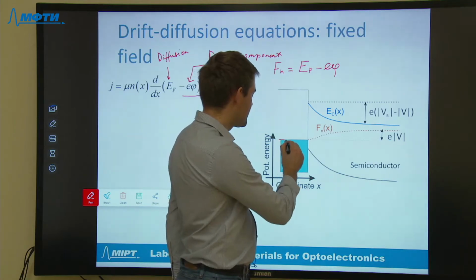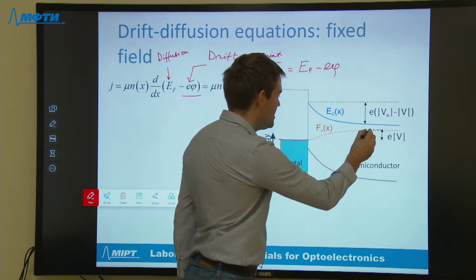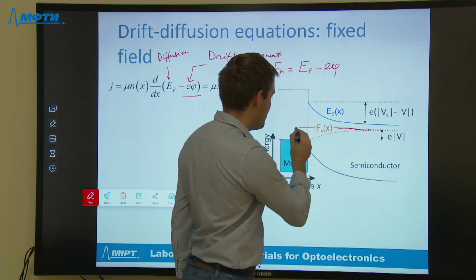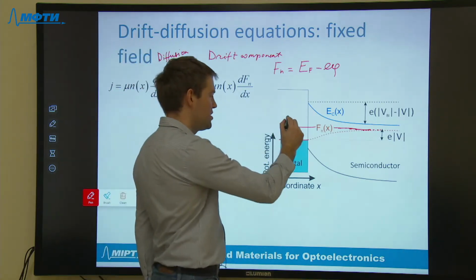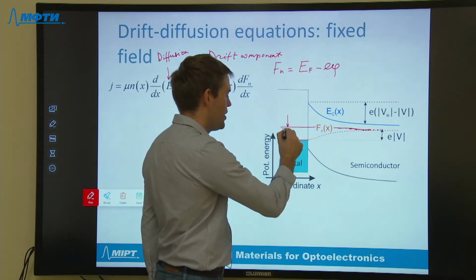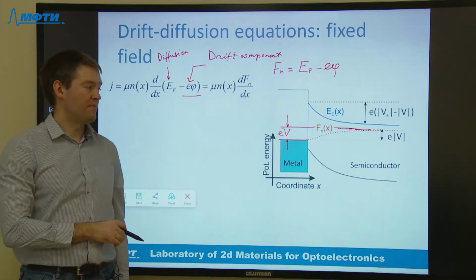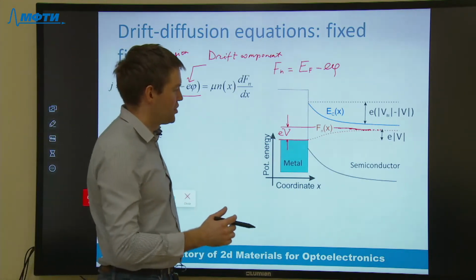The difference between Fermi levels in the metals and deep in the bulk of the semiconductor is the measure of non-equilibrium in this situation, and it equals exactly EV, where V is the voltage applied from the external voltage source.